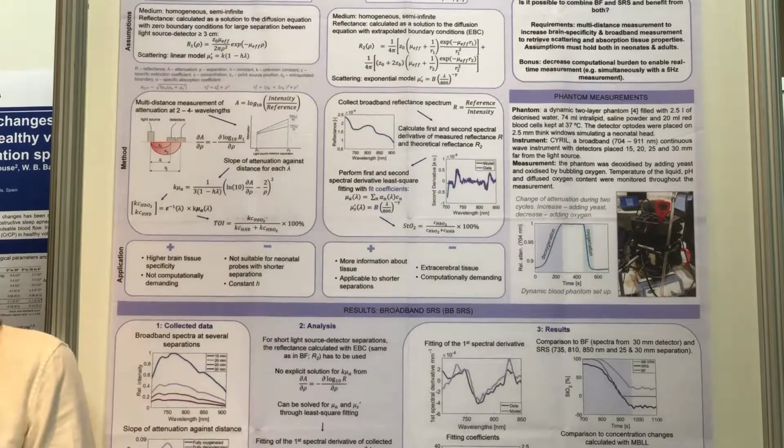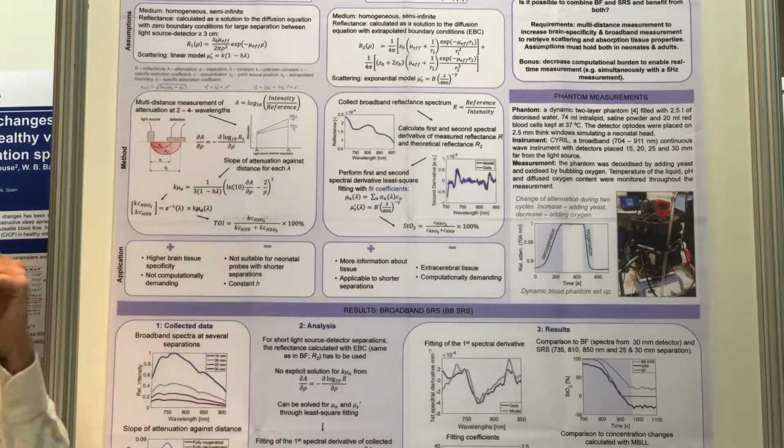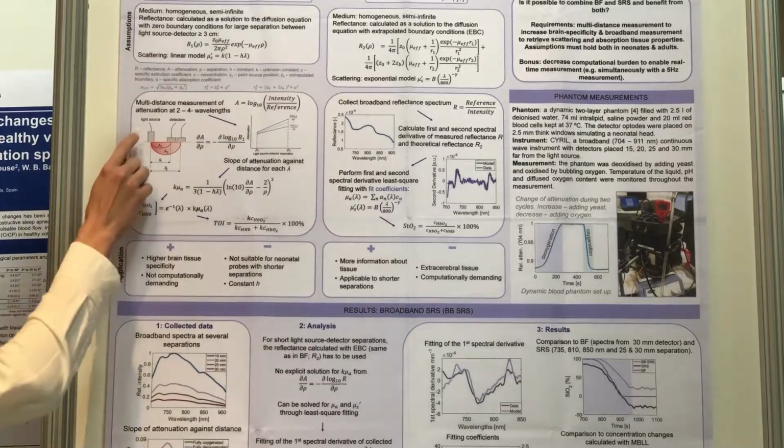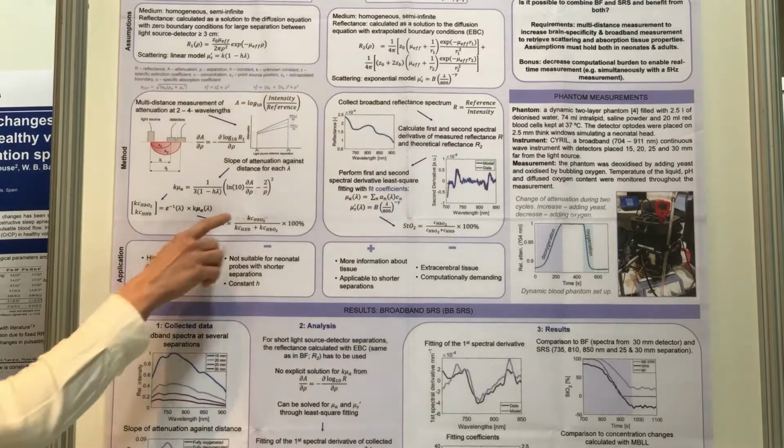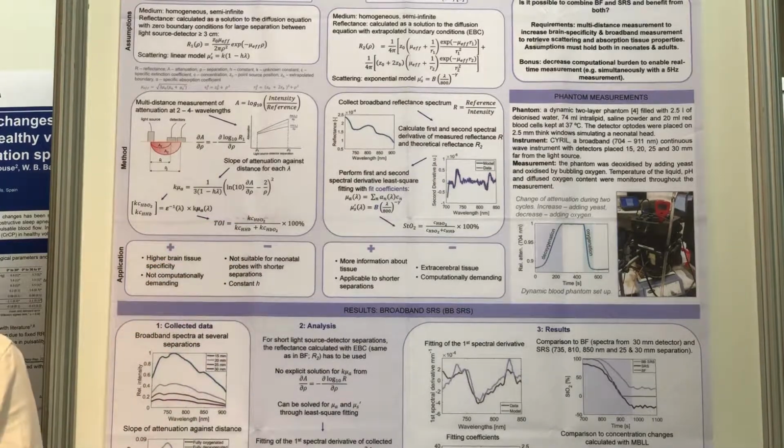So we have a light source and several detectors, which lets us measure a slope of attenuation against distance. And then you can calculate your tissue oxygen saturation from it. So it's a ratio of the concentration of oxy and total hemoglobin.